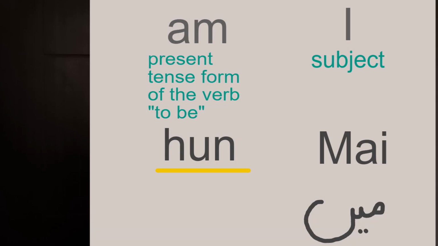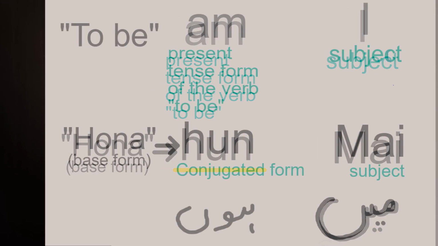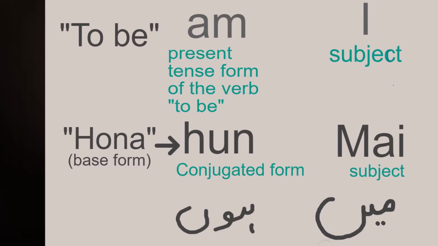It is hūn. So the sentence is मैं हूँ, which is I am. Now, मैं is always going to end with hūn. Those of you who don't know the Nastaliq script, I wrote down the Romanized script here as well.